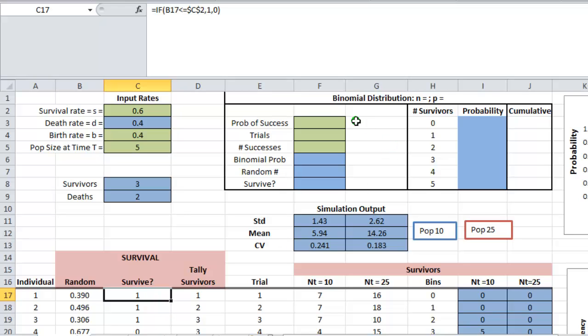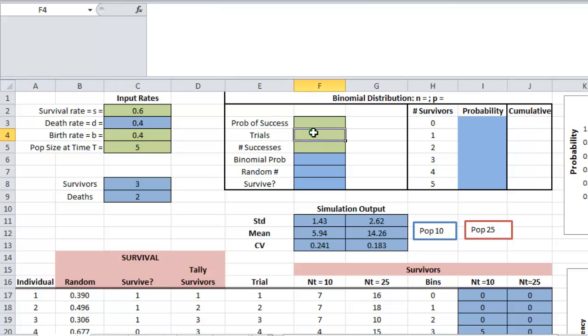The binomial distribution requires 3 arguments. You need to enter the probability of success, the number of trials, and the number of successes. And oftentimes when people introduce the binomial distribution, they'll talk about it in terms of flipping coins.